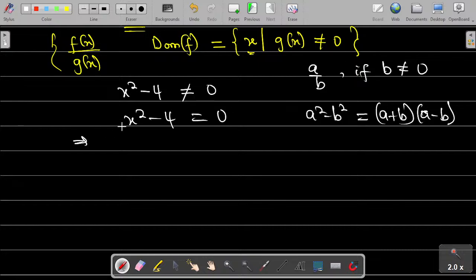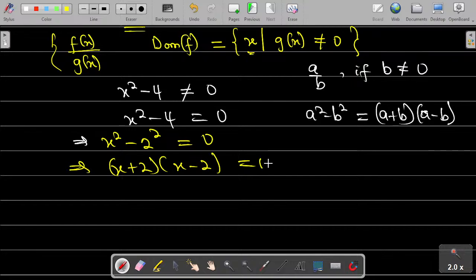First of all, change it to difference of two squares. That's going to give me x squared minus 2 squared is equal to 0. So I can write it as x plus 2 into x minus 2, and that is equal to 0.